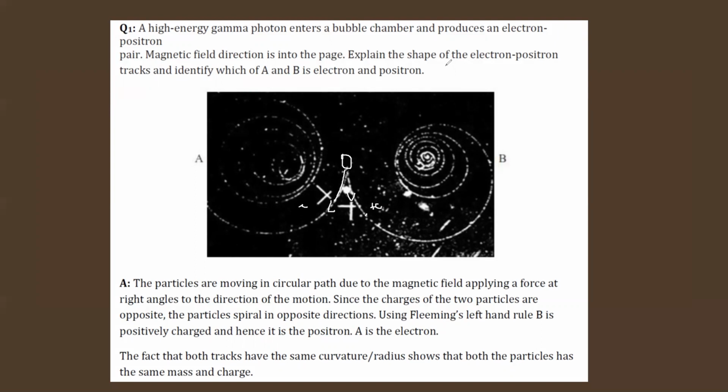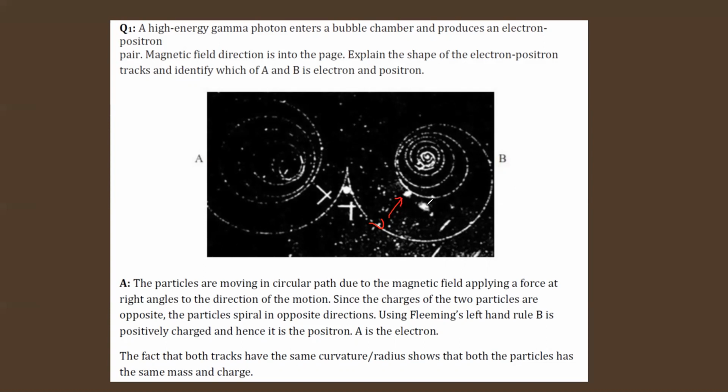Then we have to explain: the magnetic field is into the page. So you have to identify which is the positron and which is the electron. Your first finger should point in, the second represents the direction of the particle, and the thumb is pointing up.